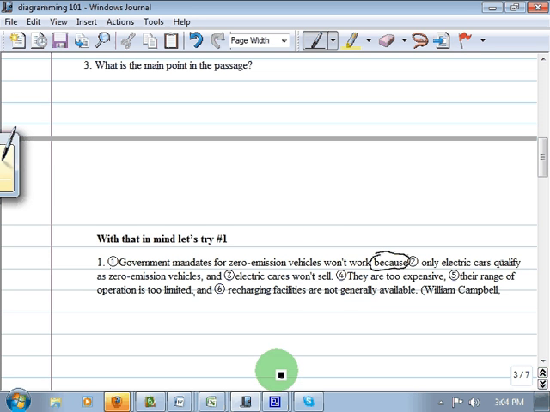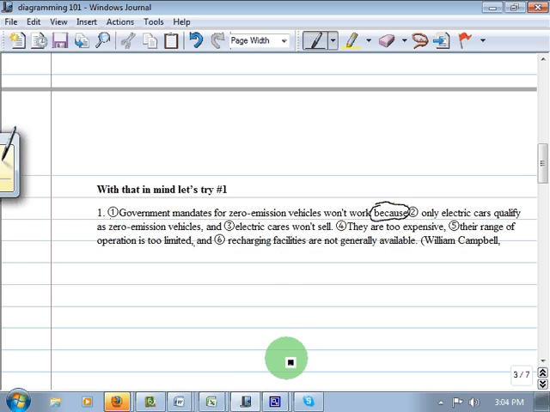And I know, since it's my conclusion, it's going to be at the bottom. Number 1, government mandates for zero emissions vehicles won't work. That's the claim, right? And I know here this is my premises, and everything else here seems to follow along with that. It may not be the case that it's going to be first, but in this case it is. So I have number 1.